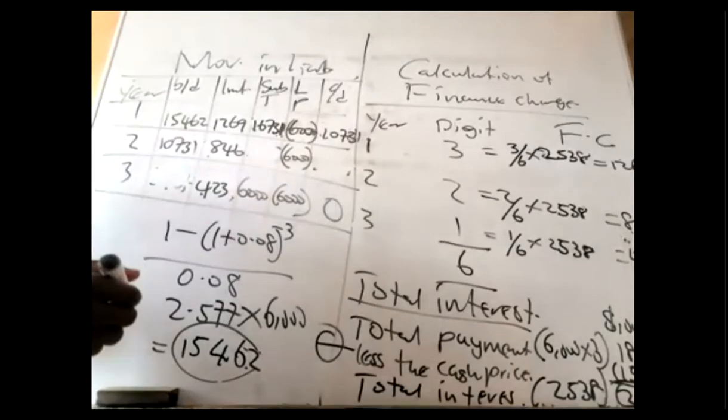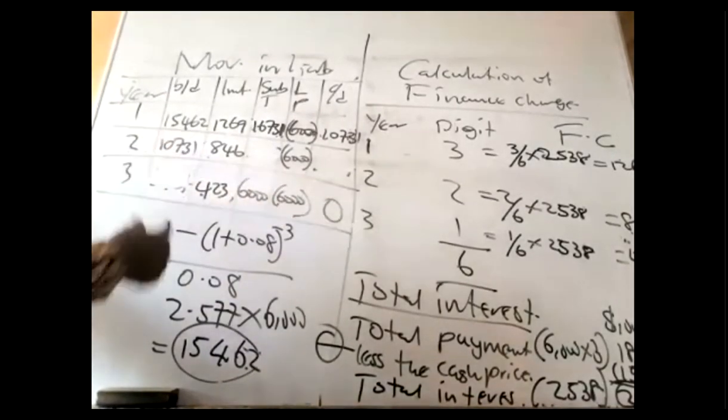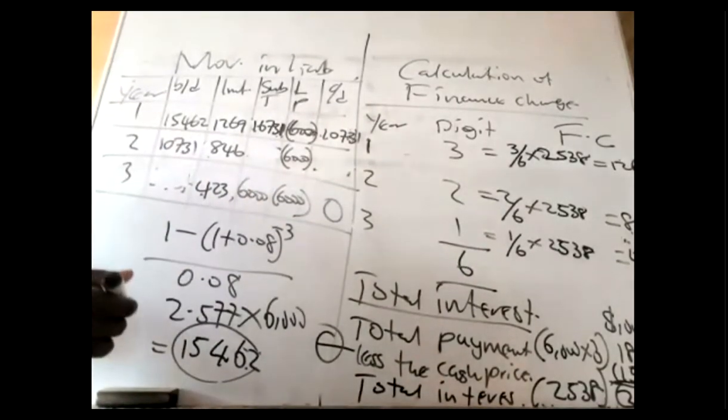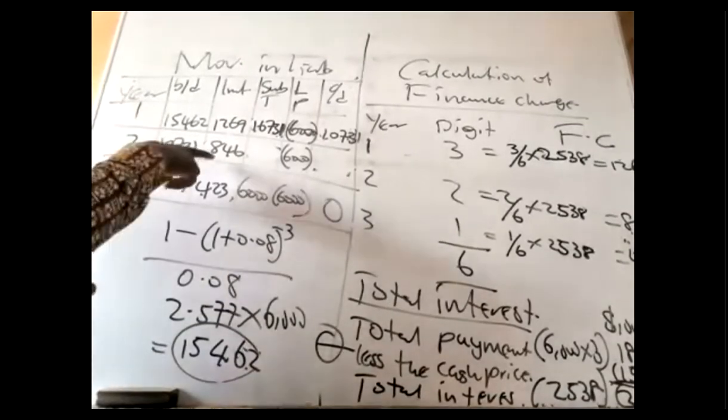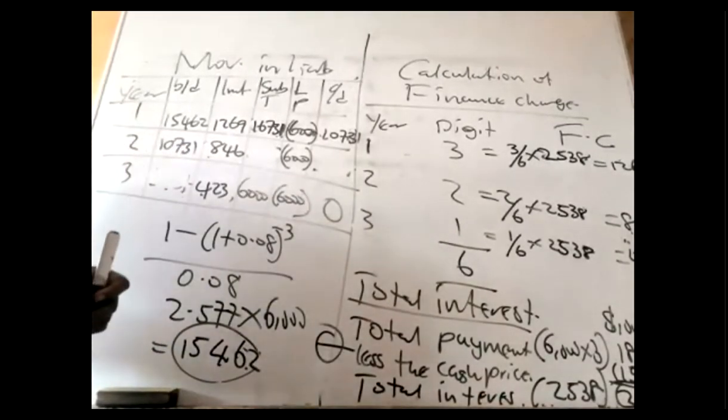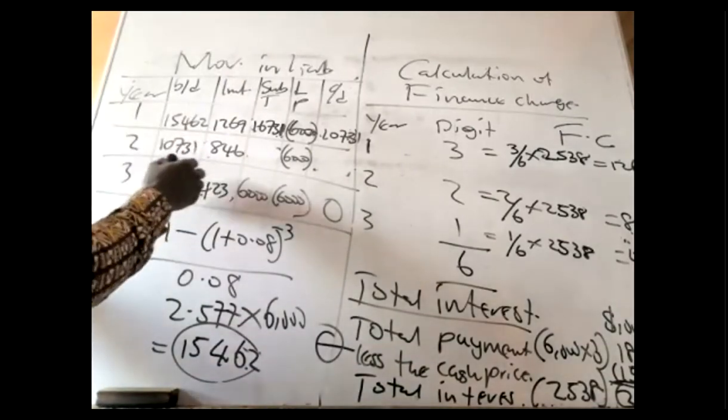Then we add 846 to it, and we get 11,577.